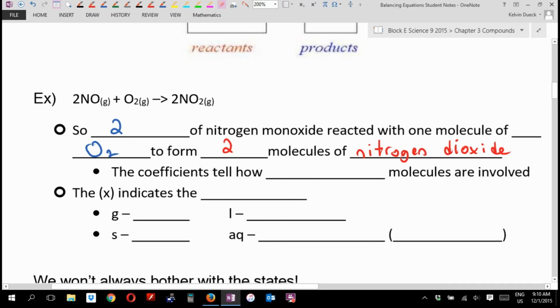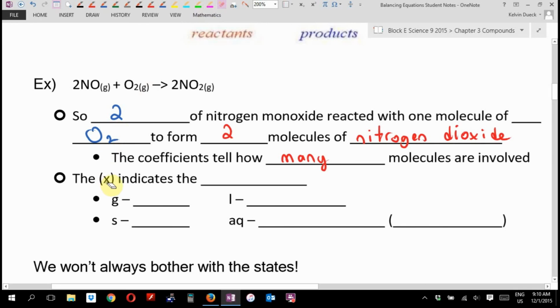That's why carbon dioxide. You've certainly heard the chemical. It's a covalent bond. The coefficients tell us, so the coefficients, the numbers in front, not the subscripts, the small numbers, but the coefficients, the numbers in front, tell us how many molecules are involved.